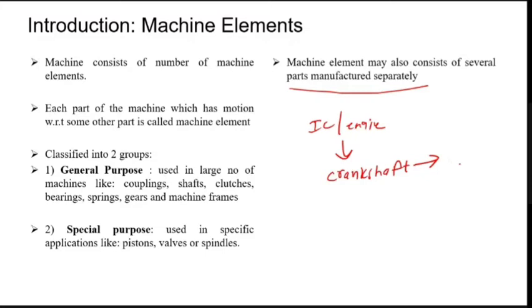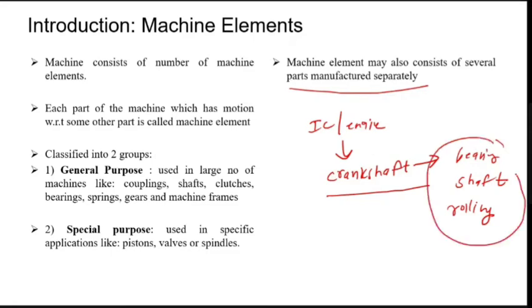For example, this crankshaft will have bearings, which are also called crankshaft bearings. Then this crankshaft will have a shaft. Okay. Then again this crankshaft will have some rolling elements, right? So the sub parts of this machine element, the crankshaft, are the bearings and the shaft. They are again manufactured separately.